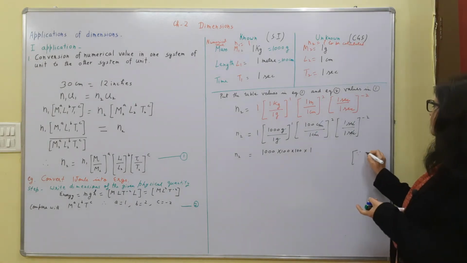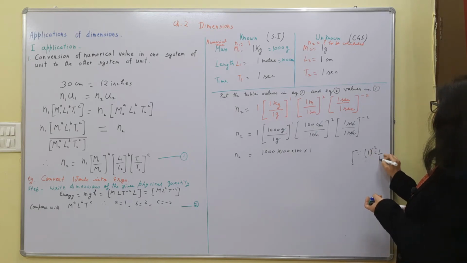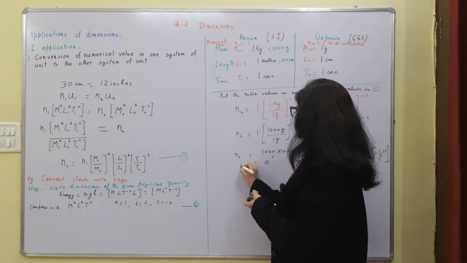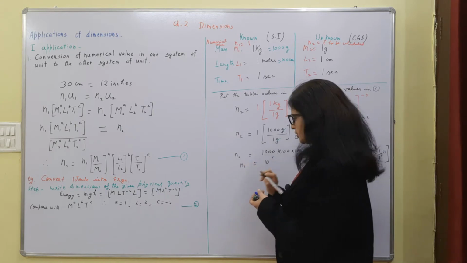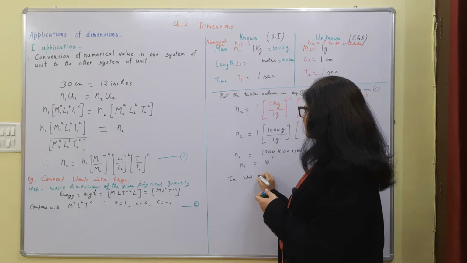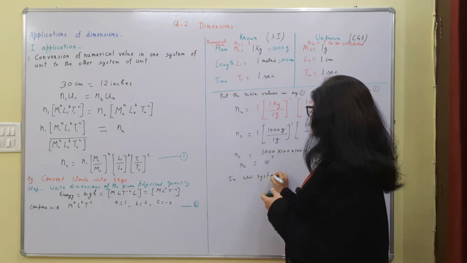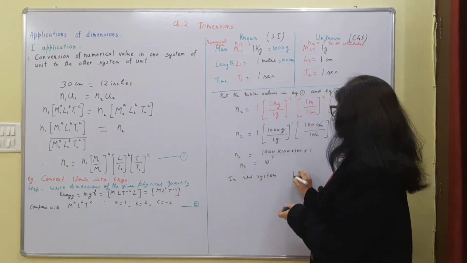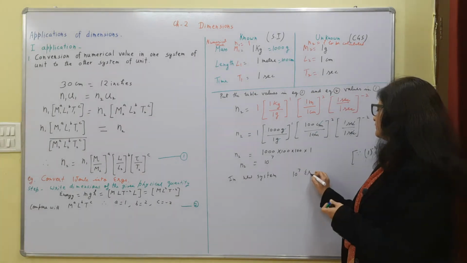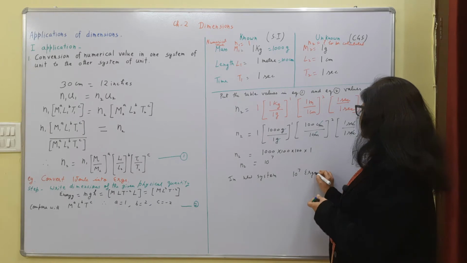So this will be 10 to the power 7. That means in the new system it is 10 to the power 7 numerical value, and ergs is the unit.